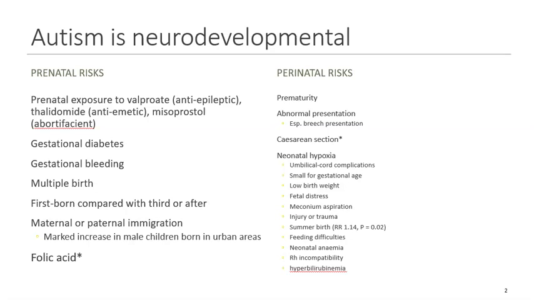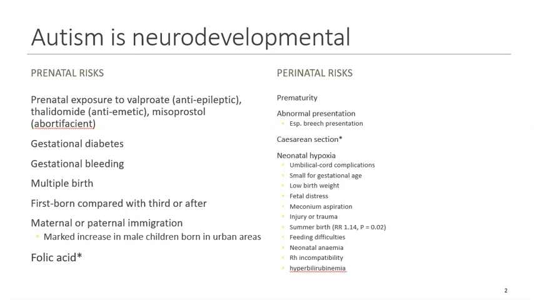So a lot of these risks seem to be more biological risks, or infections or complications from different things, and less having to do with the environment. But remember, the environment does still play an important role in kind of activating these risks.